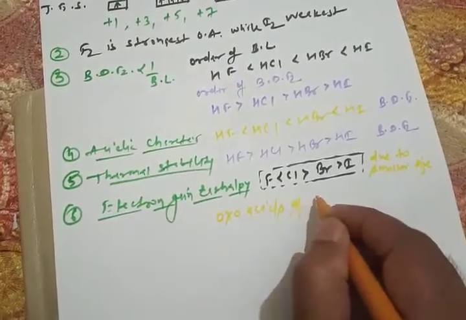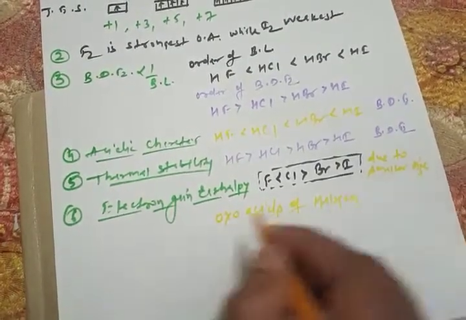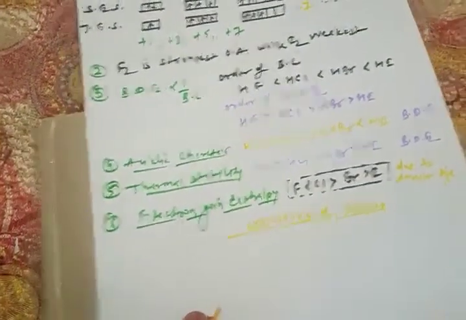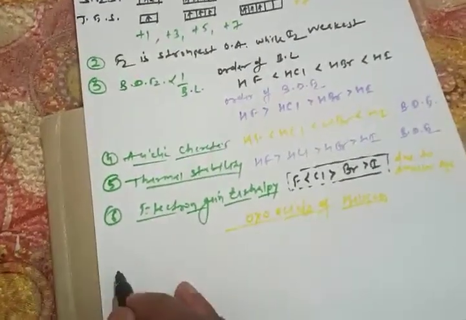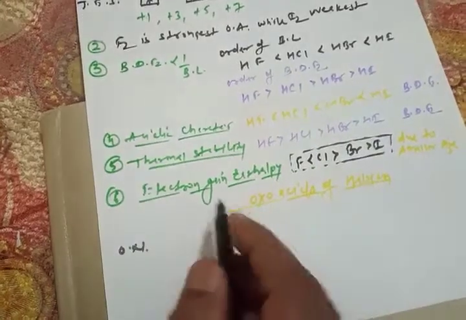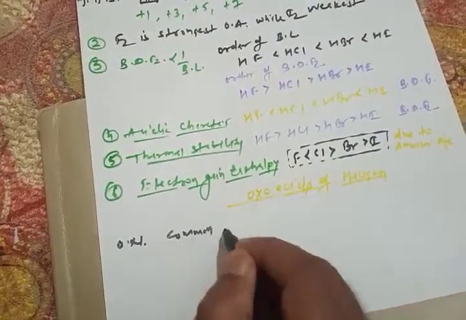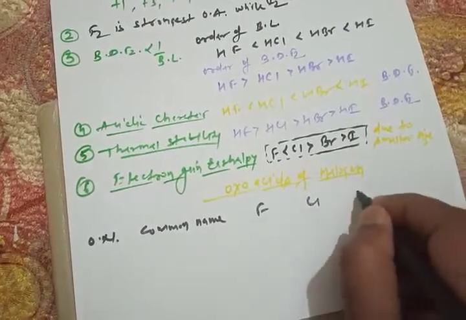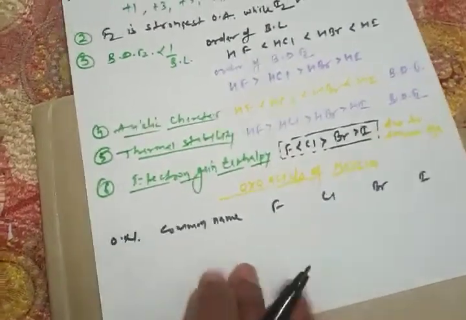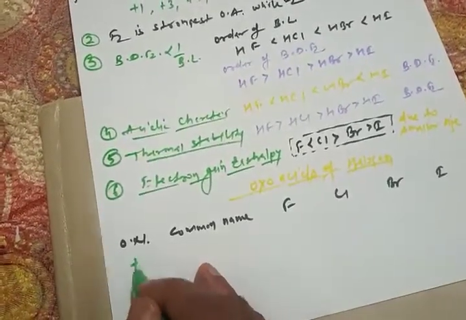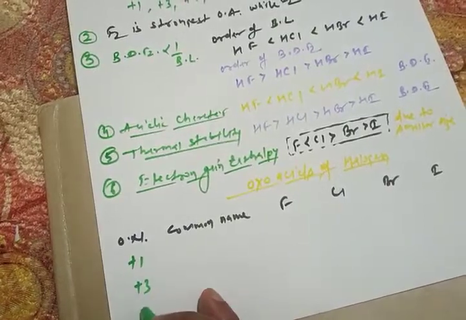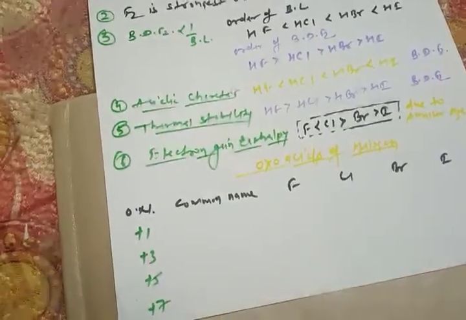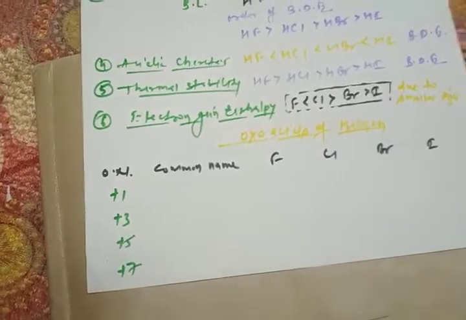Again, we'll do this discussion with the help of the oxidation number, then the common name, then we have fluorine, chlorine, bromine, and iodine, and we have the oxidation numbers +1, +3, +5, and +7.